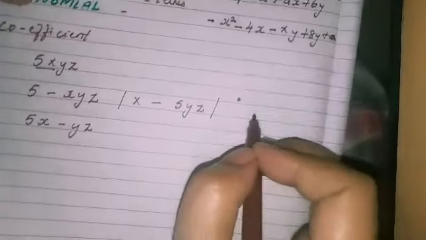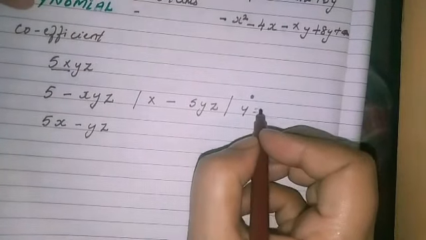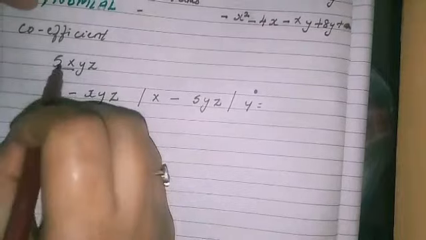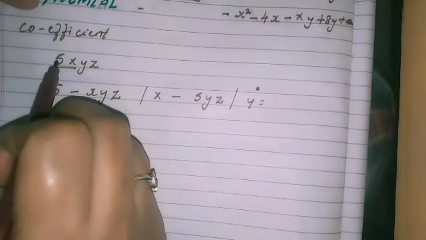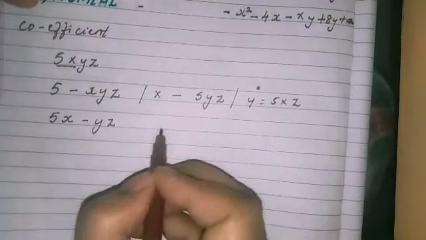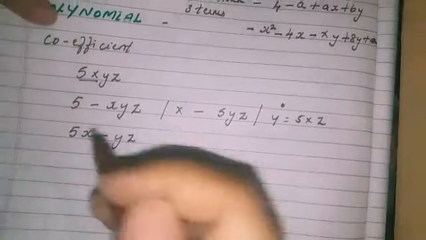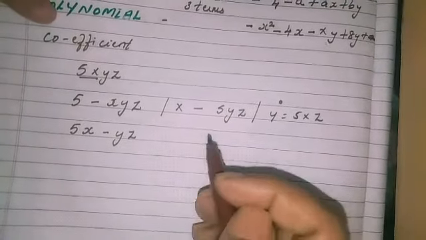If I ask you what the coefficient of y is, you can write it as 5xz. These are the coefficients. Basically, any factor or group of factors of a term is called the coefficient.